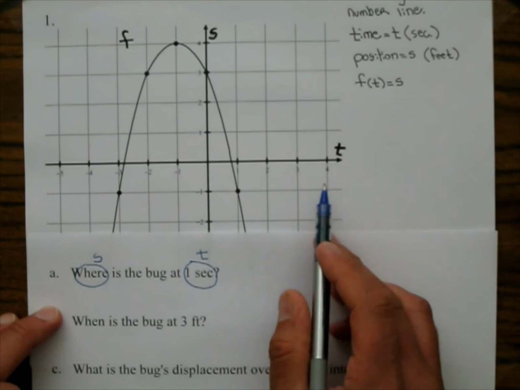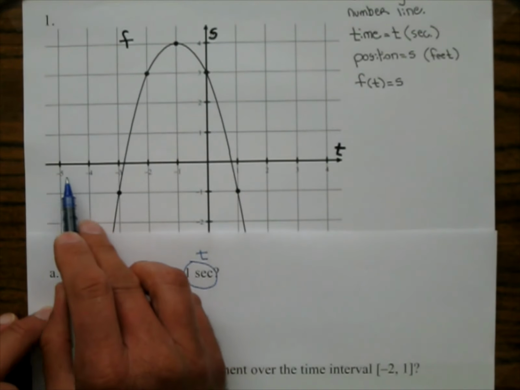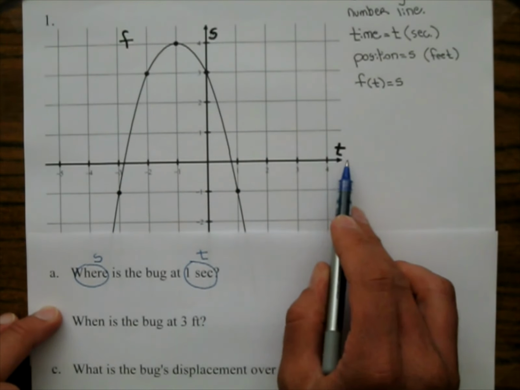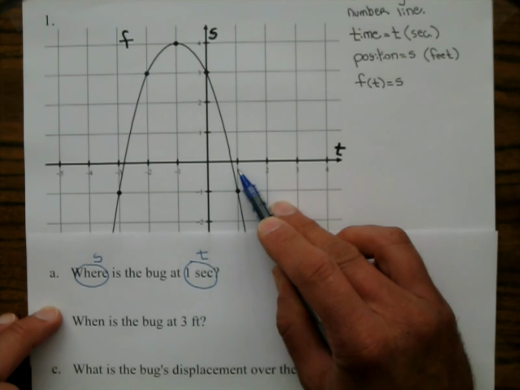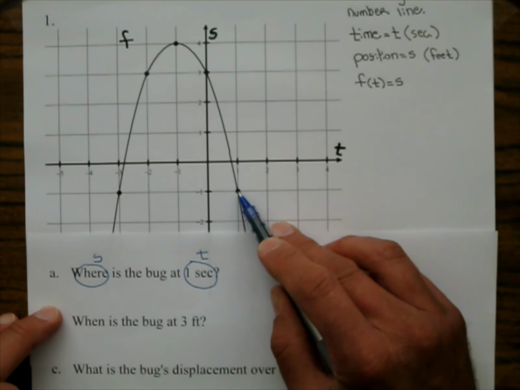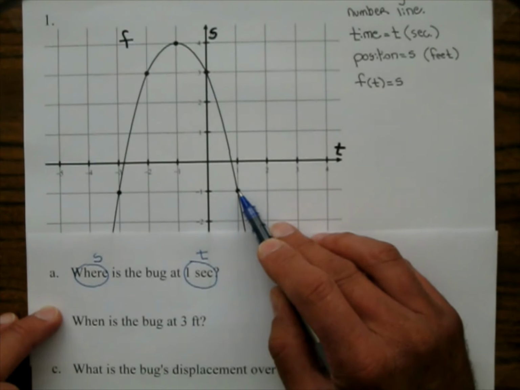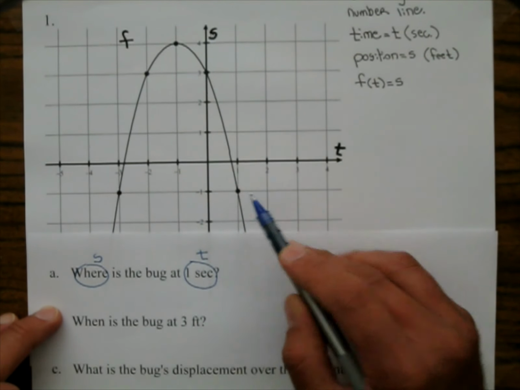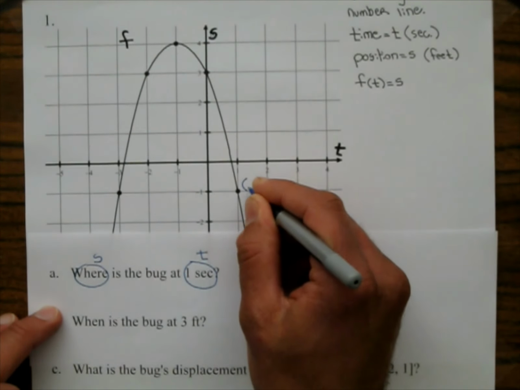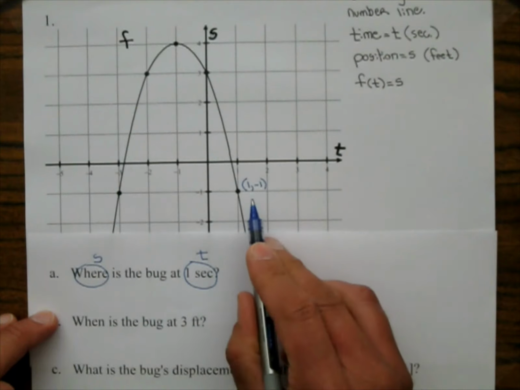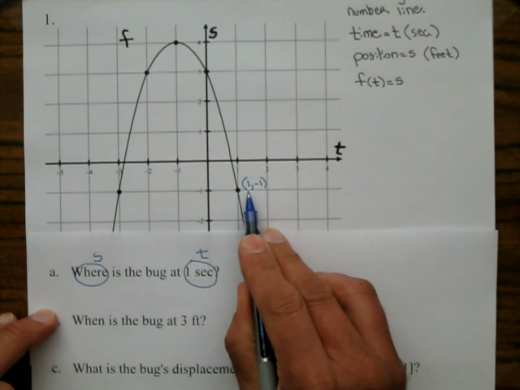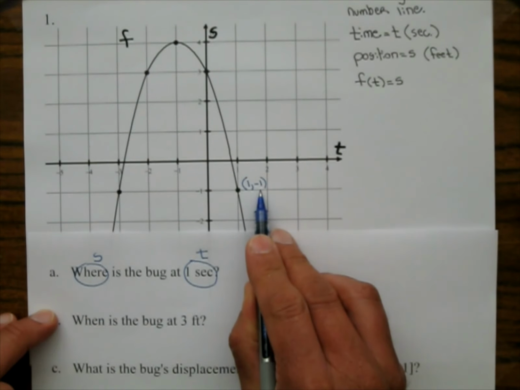So the t value of 1, I go to the t-axis and find 1. 1's right there. And I look up or down until I see the function. And I look down, I see the function right there. And this point is the point (1, -1). So when time is 1, that's the input, the bug is at -1 on the number line.